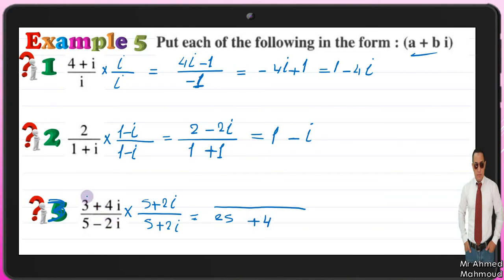Okay, here 3 times 5 equals 15. 3 times 2i equals 6i. 4i times 5 equals positive 20i.